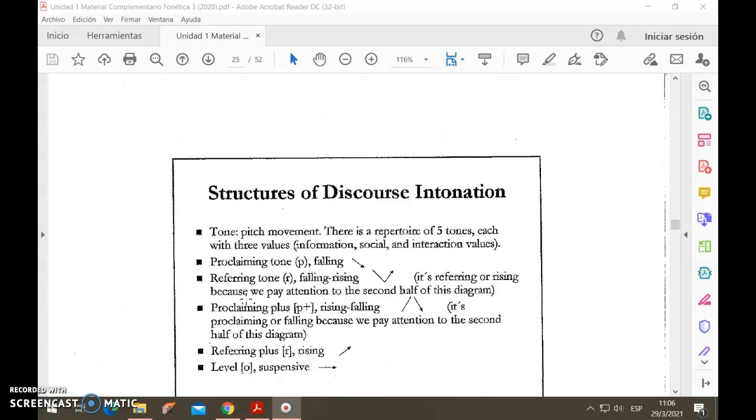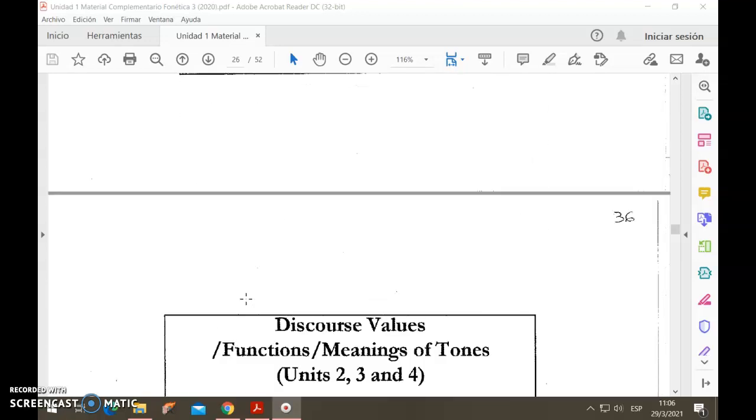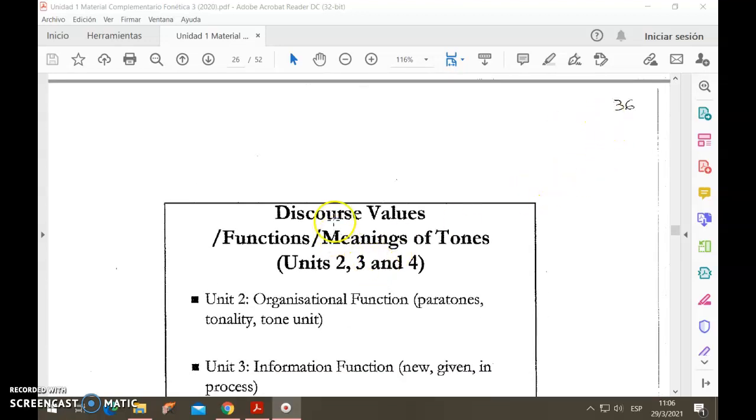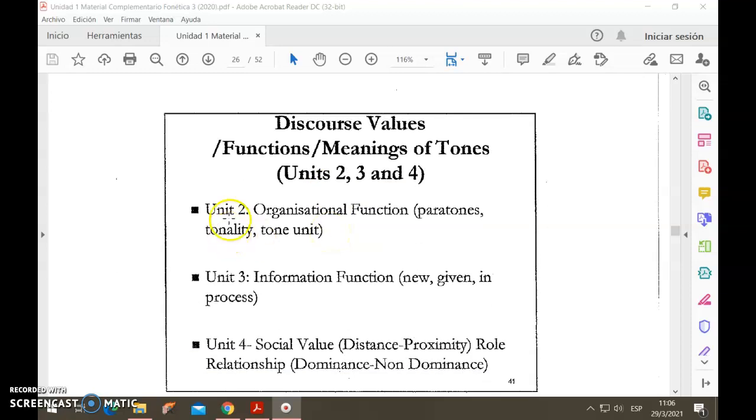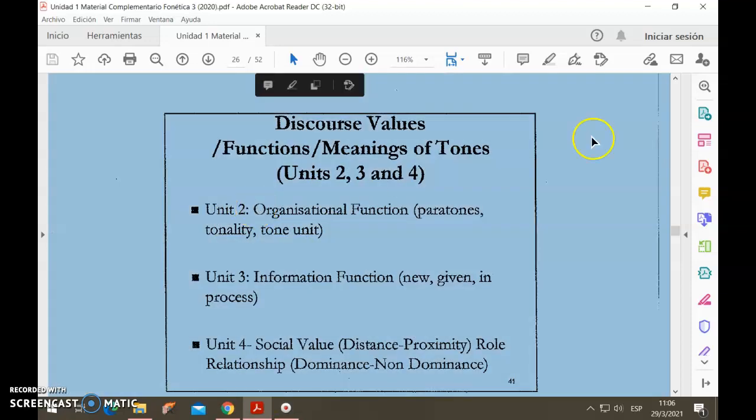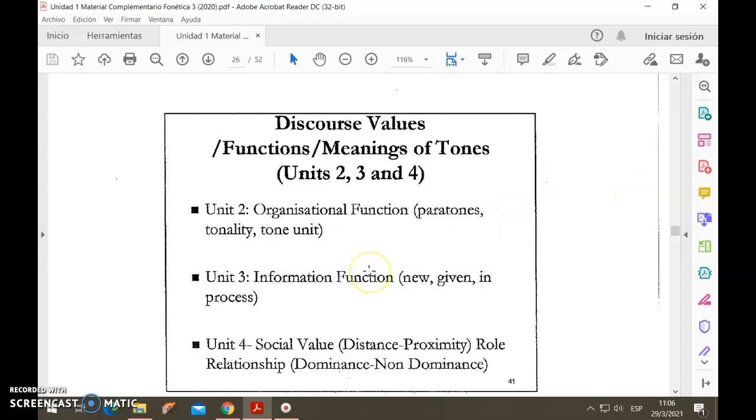And on page 36 we have the functions of discourse intonation. In Unit 2 we will see with Marcos especially the organizational function of intonation through the segmentation into paratones or phonological paragraphs, the segmentation into IPs according to Wells, which is called tonality, and also the structure of the tone unit.